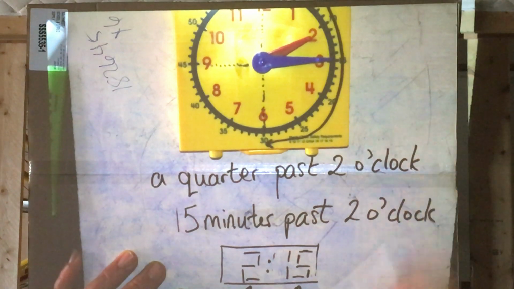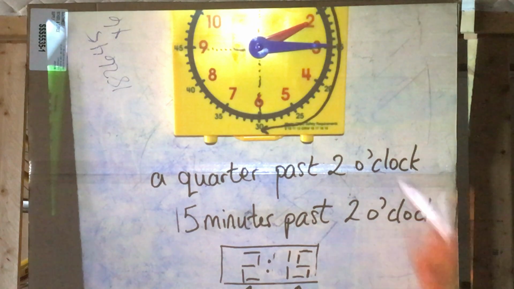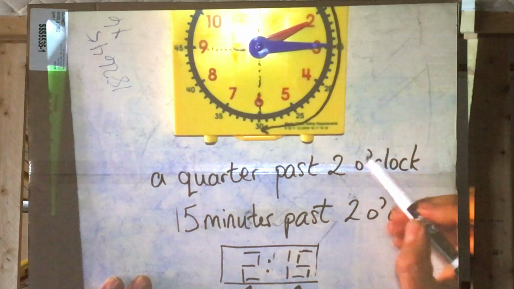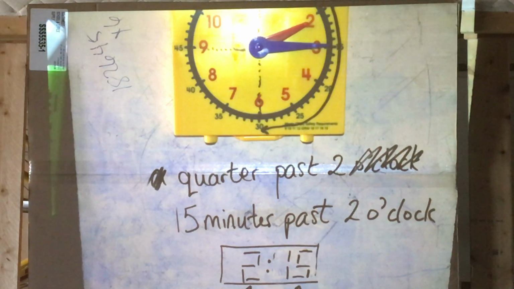Now, that would be the correct way of saying it, a quarter past 2 o'clock. However, most people don't actually say it like this, and most people would just say it's quarter past 2. So I'm going to get rid of that, and I'm going to get rid of that. Most people just, oh, what time is it, Mr. Geen? Quarter past 2. That's how most people would actually say it.